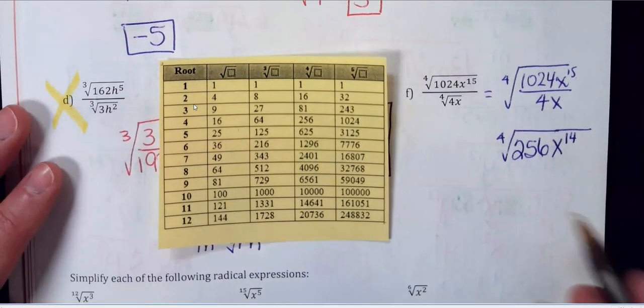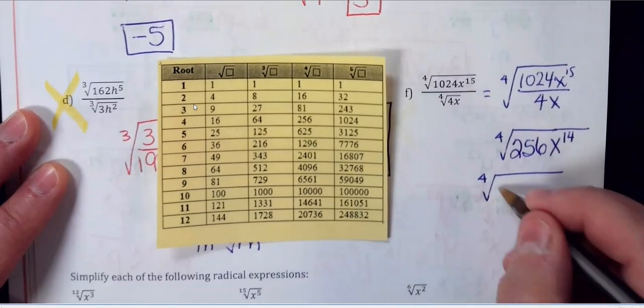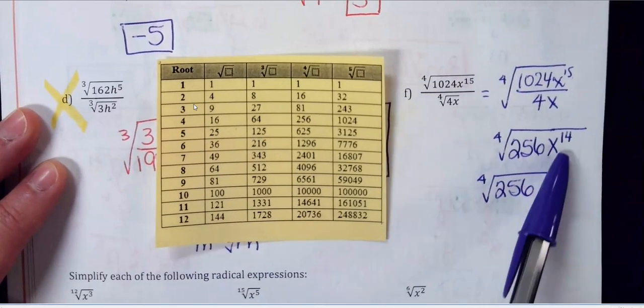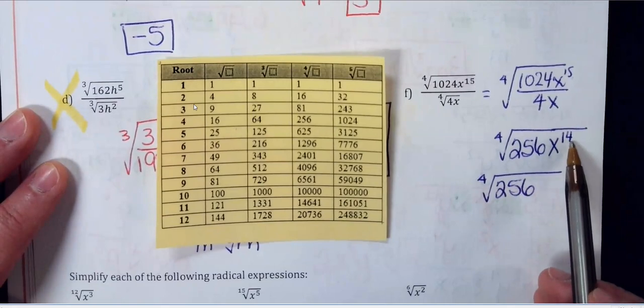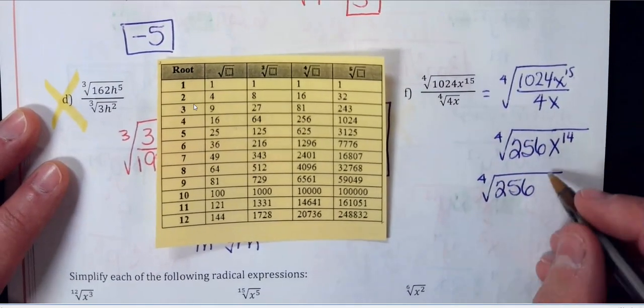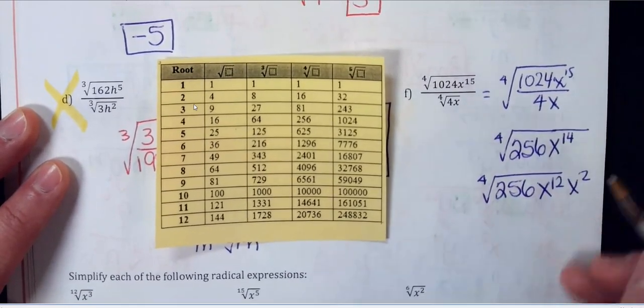That's good for us because that's a perfect fourth. So I'm just going to leave that alone for 1 second. And x to the 14th is not a perfect fourth because 14 is not divisible by 4. The biggest number out of 14 that 4 would go into would be 12. So I would do x to the 12th times x squared there.